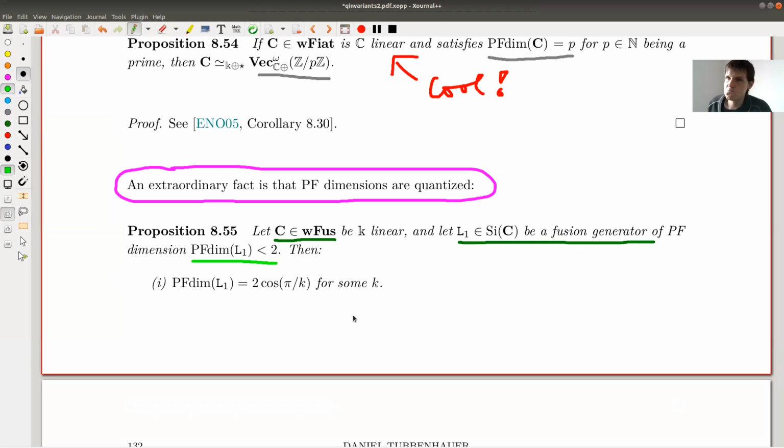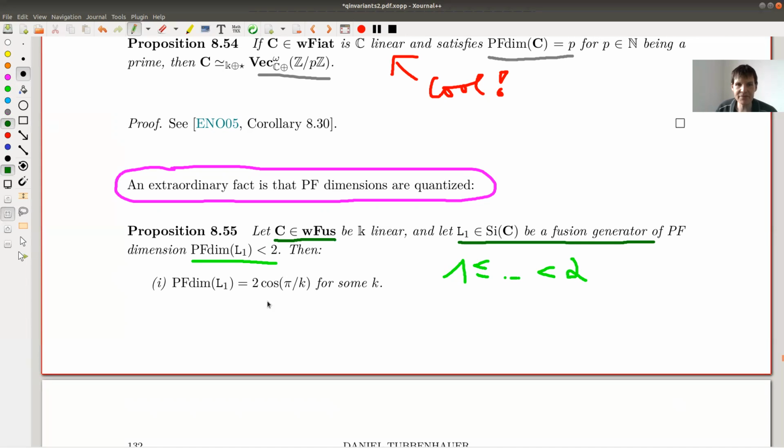We know that it's at least PF dimension 1, so let's say it's in the slice between 1 and 2. It's basically the first thing you would try, right? If you know it's bigger than 1, maybe the first bound you would set is 2. Sounds reasonable to me, and you get this amazing answer.